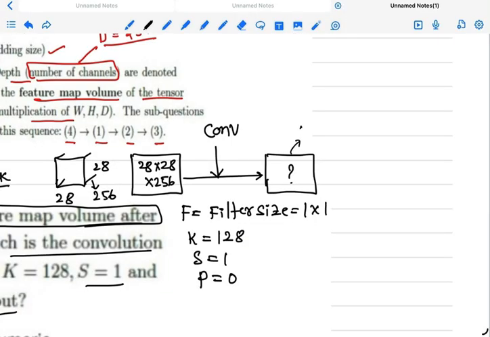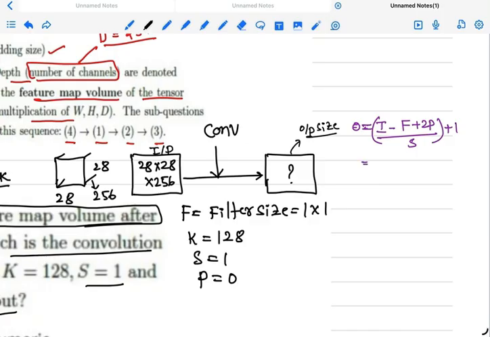The output size after convolution of the input is: output size equals input size minus filter plus 2 times padding, divided by stride, plus 1.